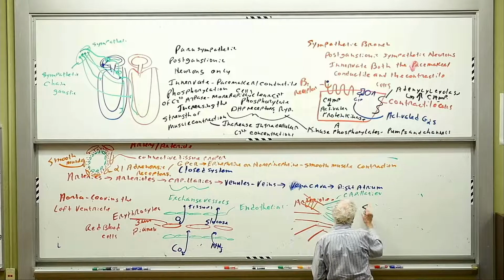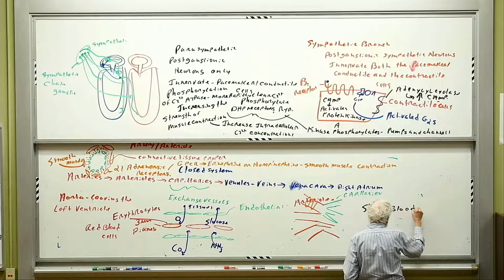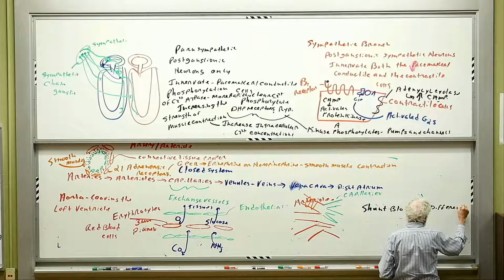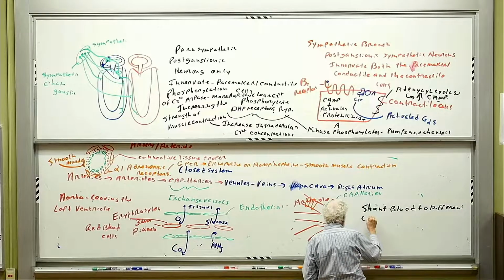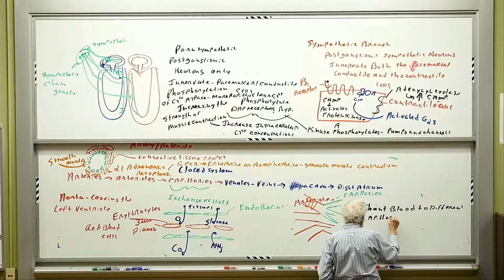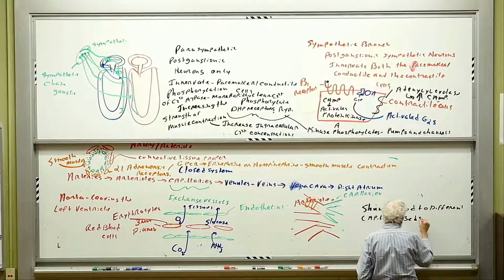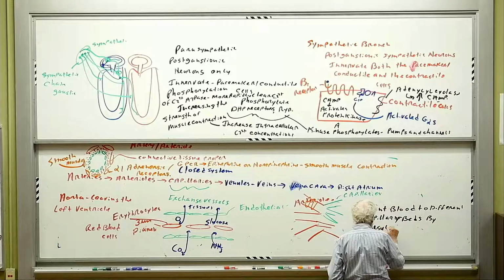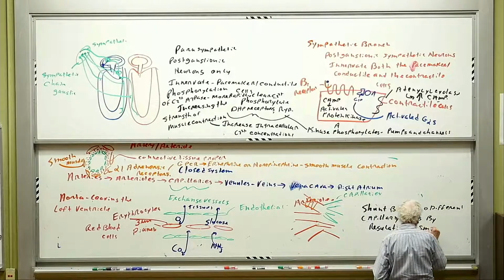We can shunt the blood to different capillary beds by regulation of the smooth muscle contraction.